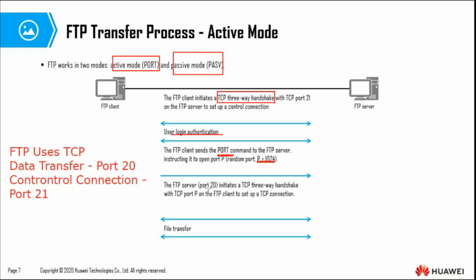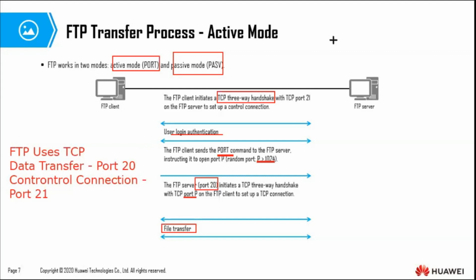The FTP server, port 20, initiates a TCP three-way handshake with TCP port P, this one that it opened, on the FTP client to set up a connection. So after doing that connection via port 20, now they can exchange the files. The client can either upload or download files from the server. Is that clear?